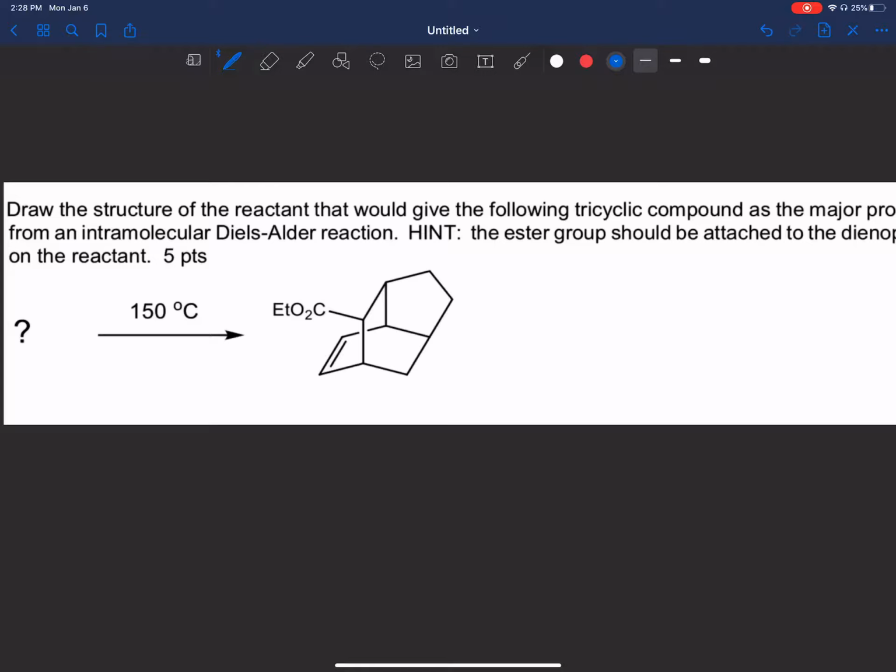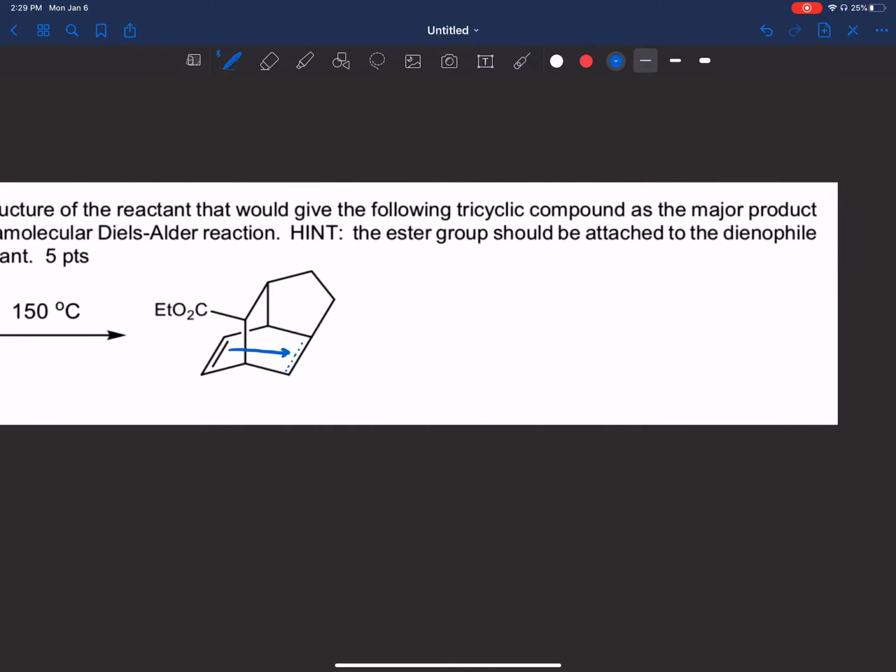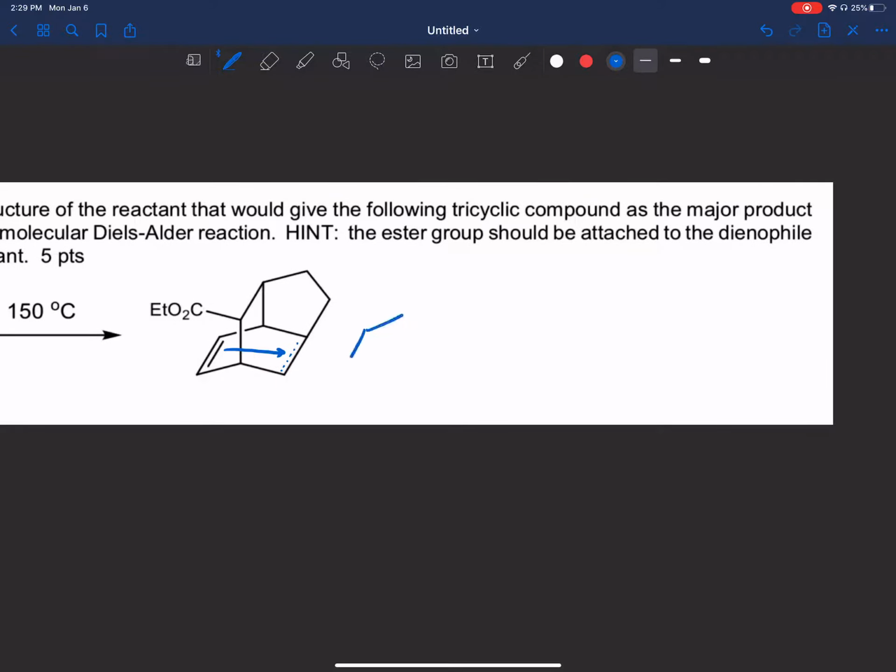So our strategy is always to move the double bond across this way and put that double bond there. But if we did that, let's draw this. All right, so we're going to have this. That's our double bond.